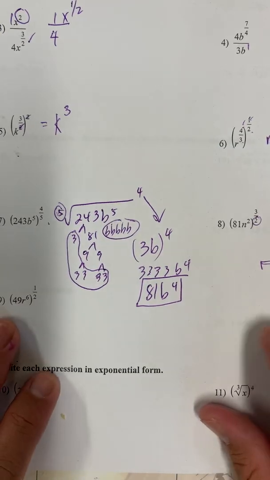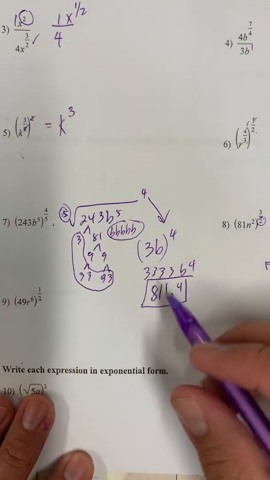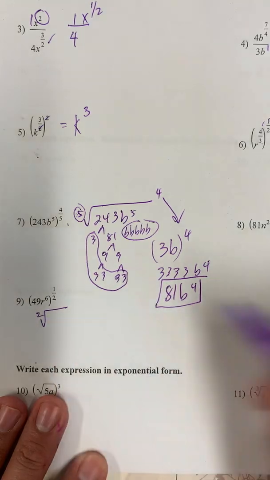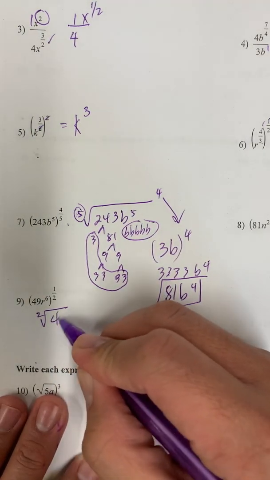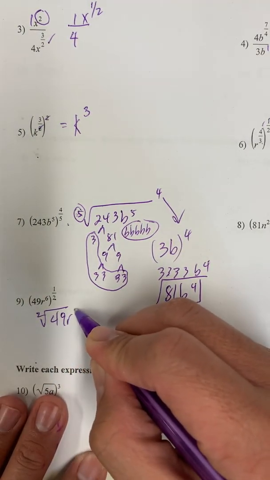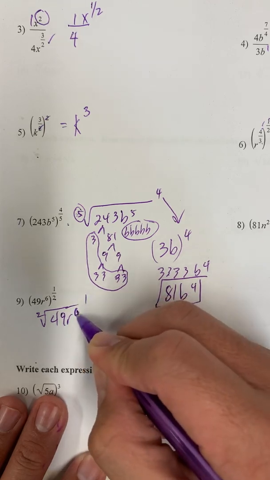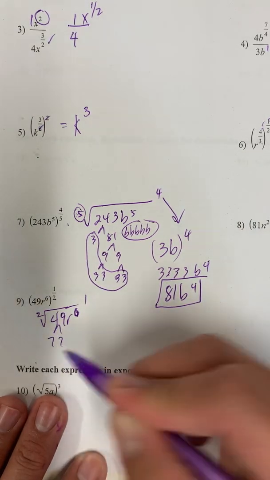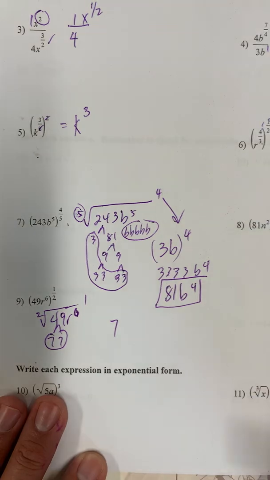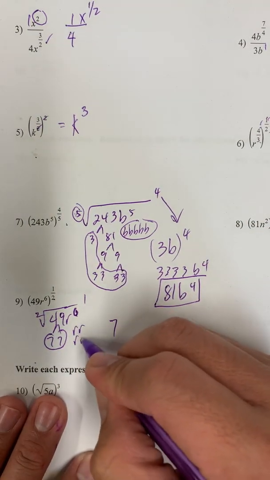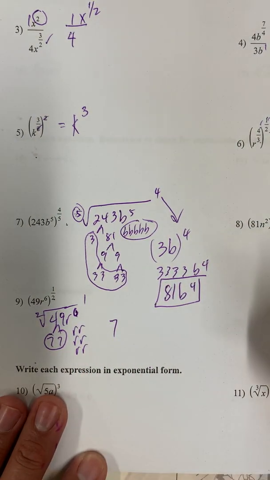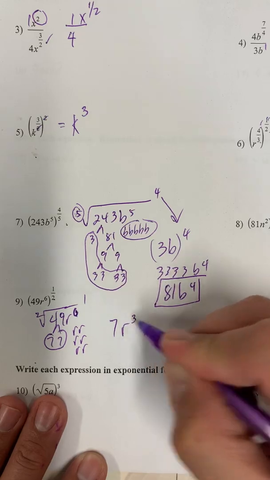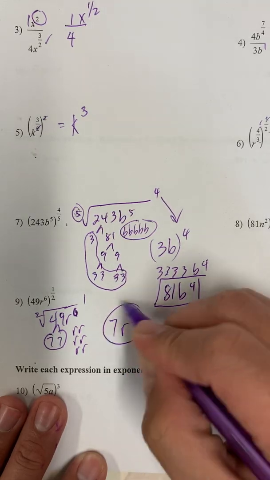For the 49, the 2 there means square root, and then 49 r to the 6 to the 1. So again, there are 2 7s there, so a pair of 7, so the answer is 7. There are 1 2 3 4 5 6 r, so that would be r to the 3rd to the 1. So basically that's the answer already.